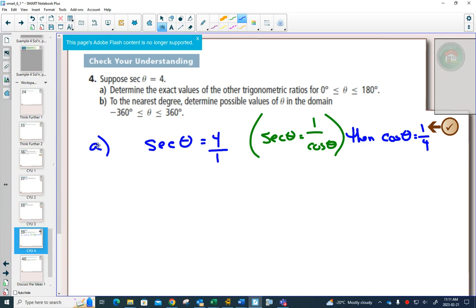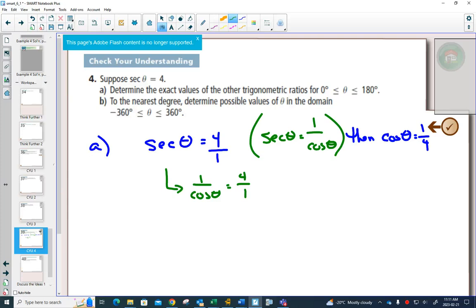If you want to see why it works, you would have to use what I wrote in the brackets. If secant theta is 1 over cos, I could rewrite this, and instead of writing secant theta, I could write 1 over cos theta is equal to 4 over 1. And if I wanted to get cos by itself, my next step would be, well, cos is in the bottom of my fraction.